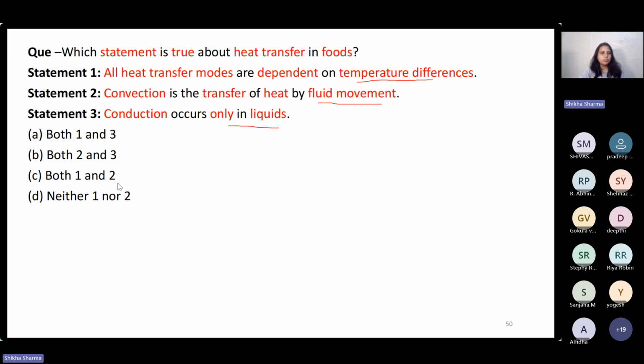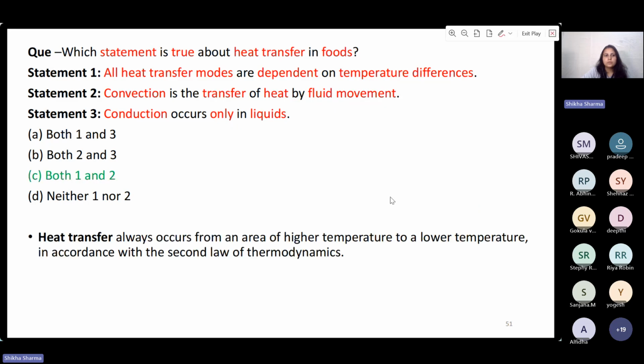Both statements 1 and 2 are correct, he says. Let's discuss this question.